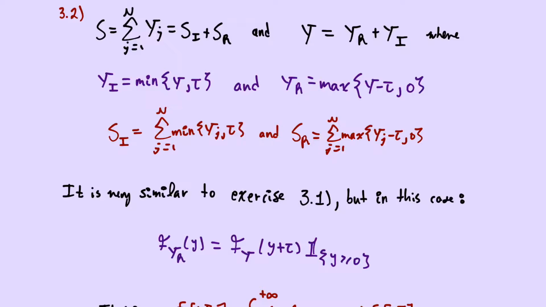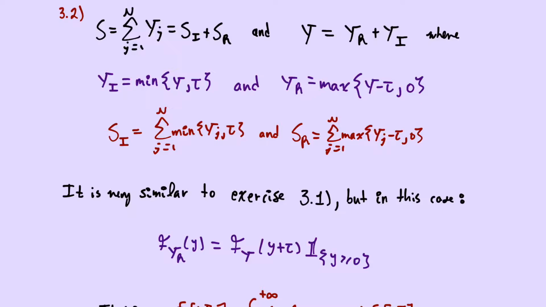But in general, you do something like this, and this is right because remember that in the collective risk model, you assume that the severity random variables are independent and identically distributed. So we can write something like this. I hope that is clear.